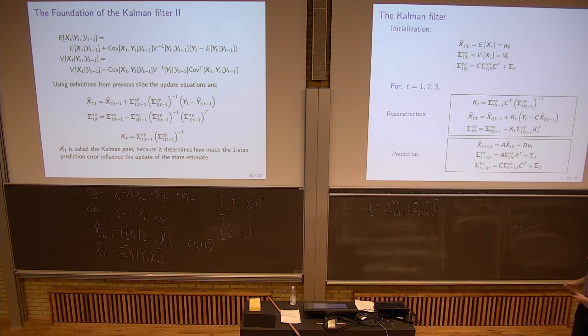Now, the easiest part is this equation up here. It's fairly clear what happens right there: y_t minus the prediction of y_t. The prediction of y_t is C times the prediction of x_t.